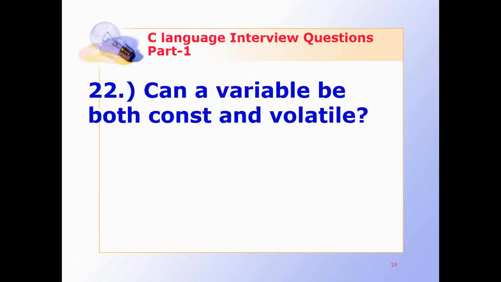Can a variable be both const and volatile? Yes. The const modifier means that this code cannot change the value of the variable, but that does not mean that the value cannot be changed by means outside this code. For instance, the timer structure was accessed through a volatile const pointer.